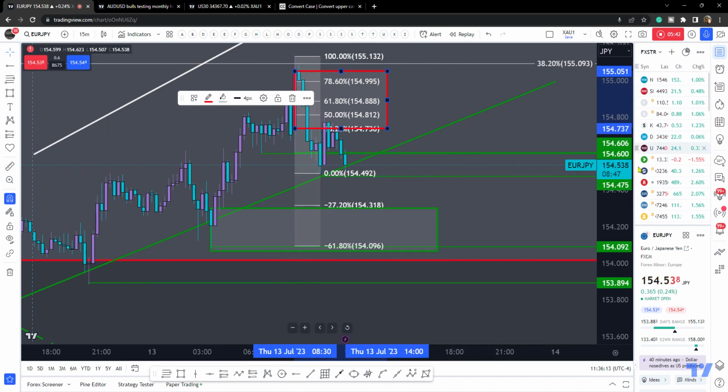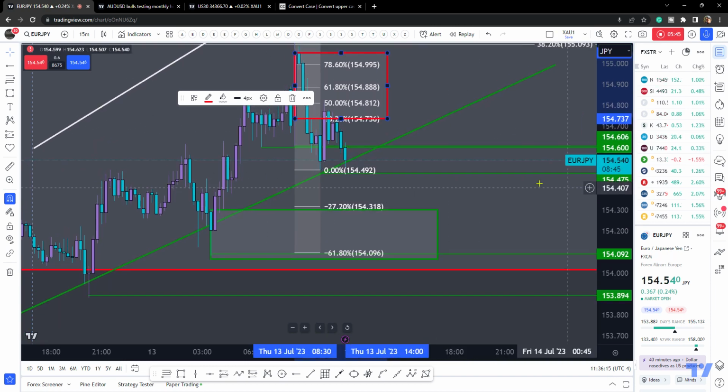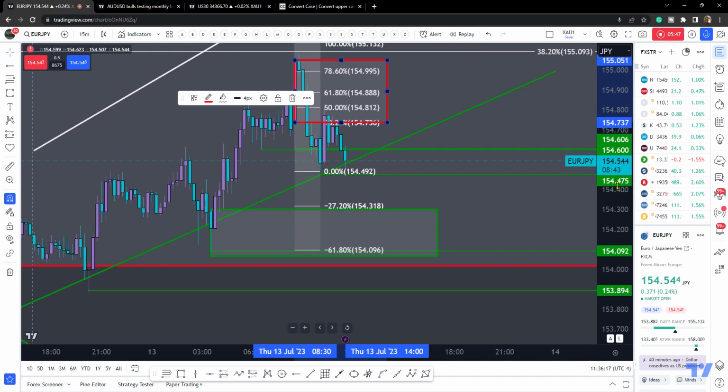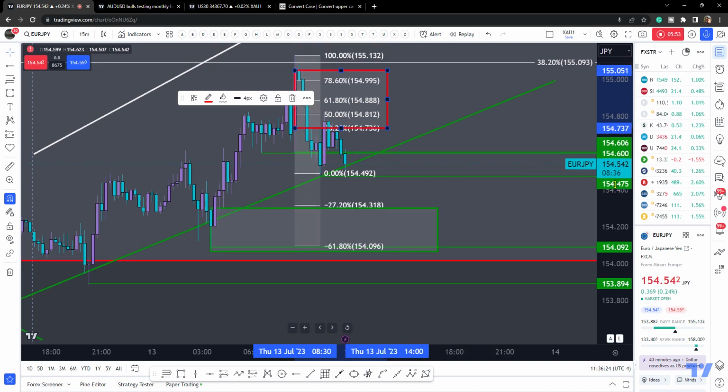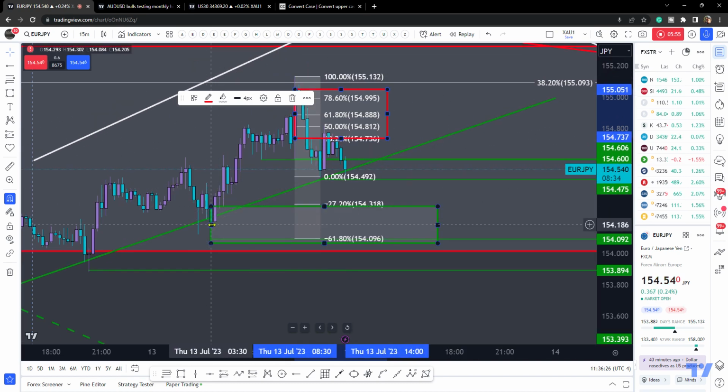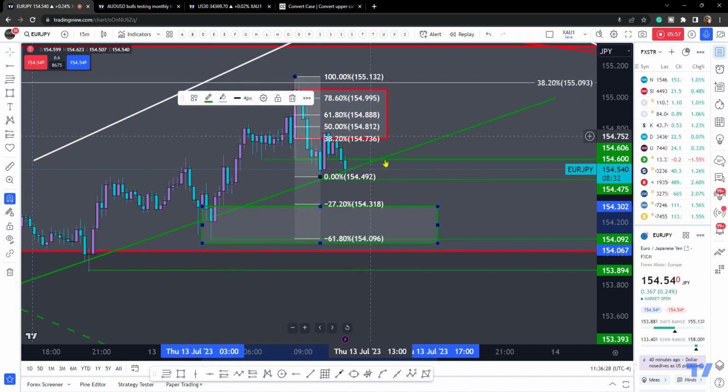So the key area will be a break of 154.50, 47. And then we can have the move all the way down into this area, the origin of this rally.